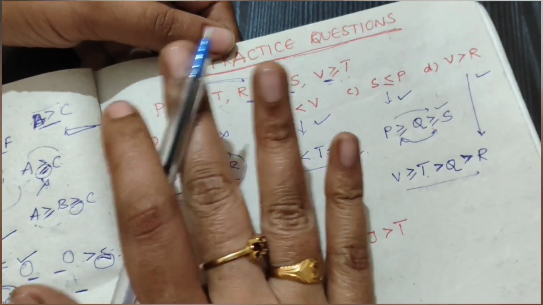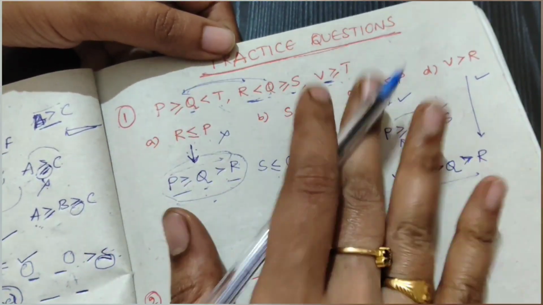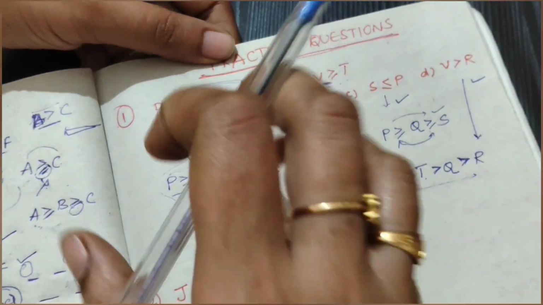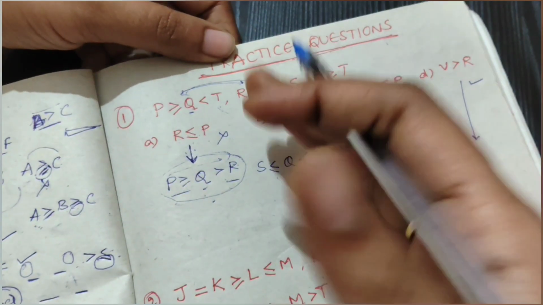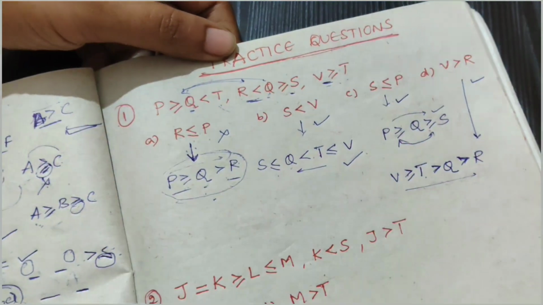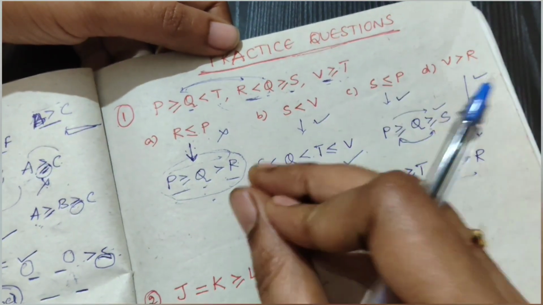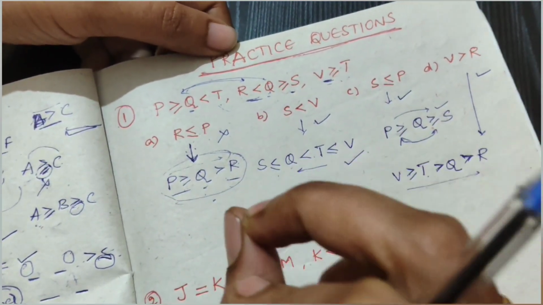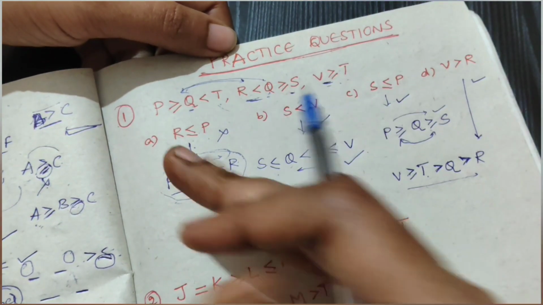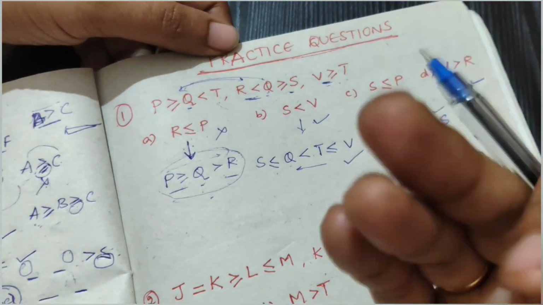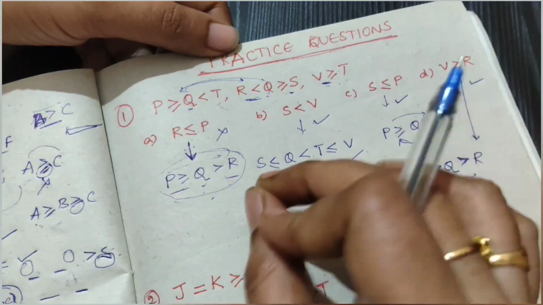But since in the early stages accuracy is important, not speed, after a good command of the concept, after practicing a good number of questions, then, not only this concept, any concept you take, whether quant or reasoning, first try to improve the accuracy, then speed. Don't worry about the speed, because accuracy matters a lot.